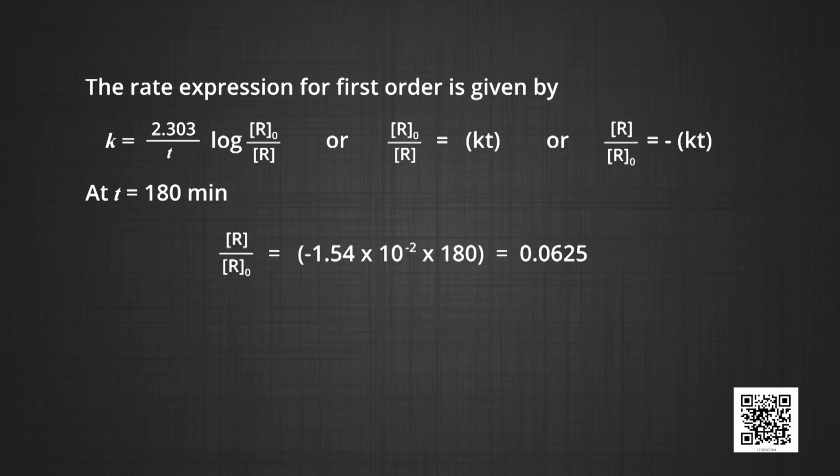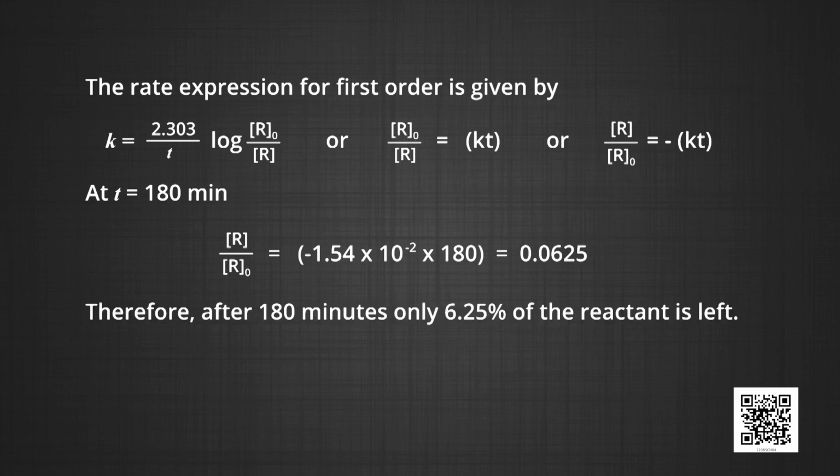At t is equals to 180 minutes, R by R naught is equals to exponential minus 1.54 into 10 raised to power minus 2 into 180. Calculation, and it will come out to be 0.0625. Therefore, after 180 minutes, only 6.25% of the reactant is left.